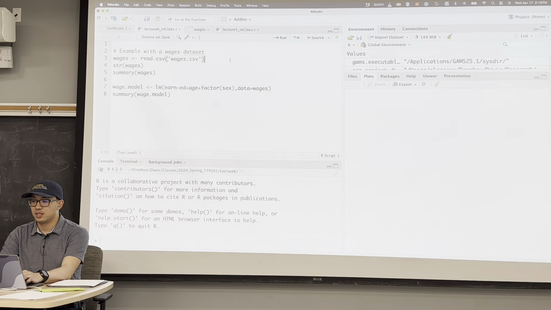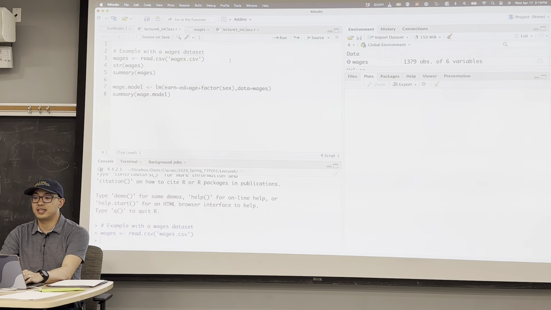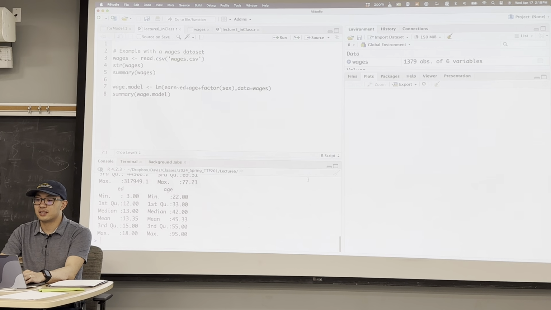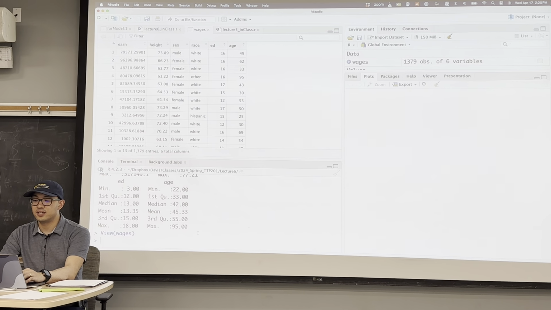Just to rehash, we are loading in a data set of wages. This is a data set that is available for you on Canvas in the Lecture 5 files. Looking at that again, the structure of the data looks something like this.